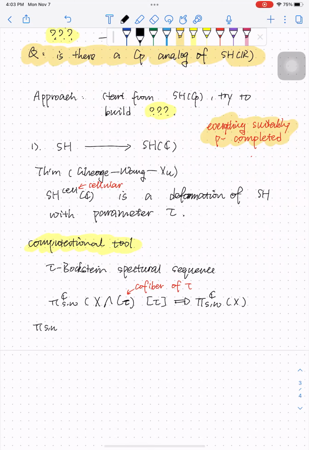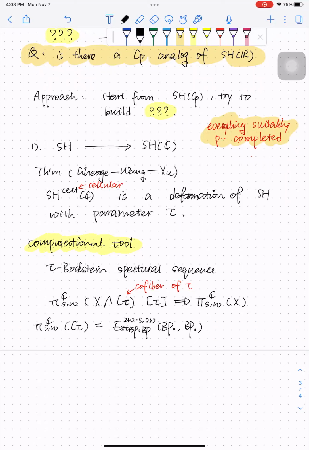Another thing I can write down is that if you take X to be the C-motivic sphere spectrum, then the bigraded homotopy groups of C tau can be calculated as this.